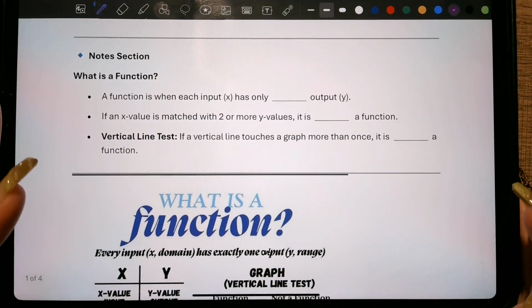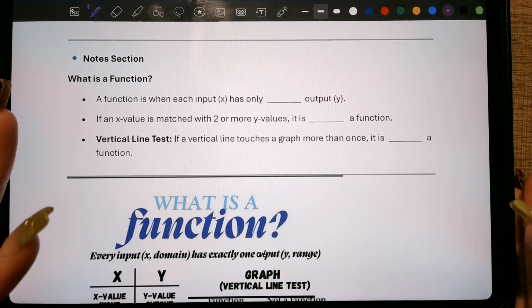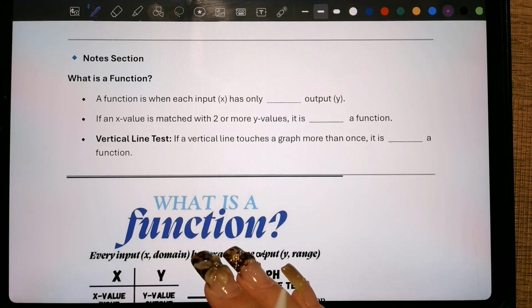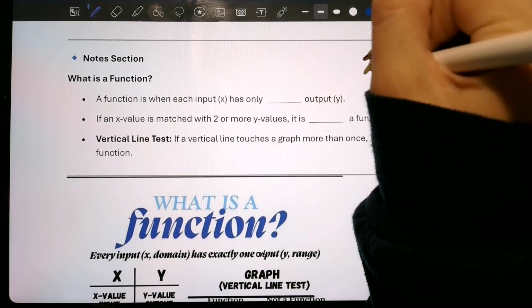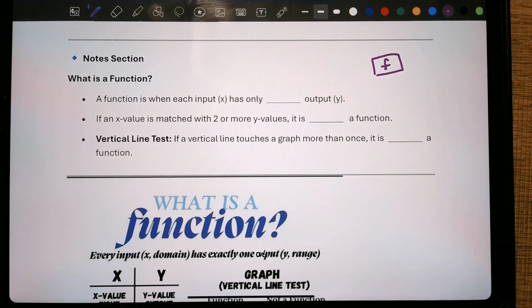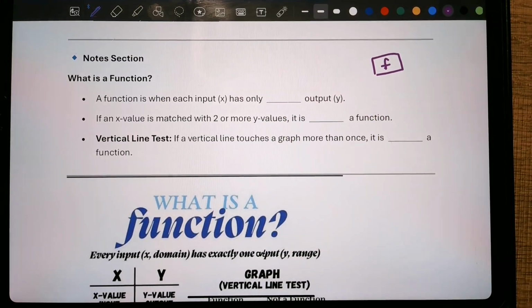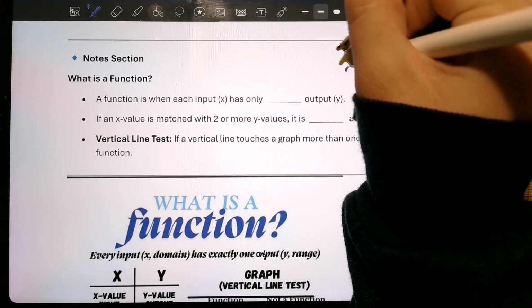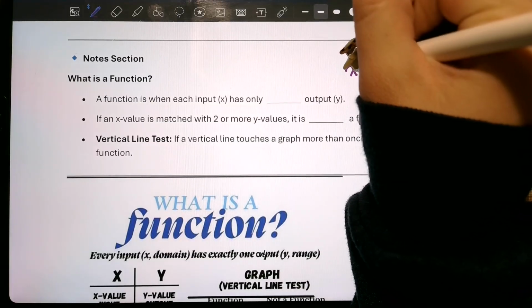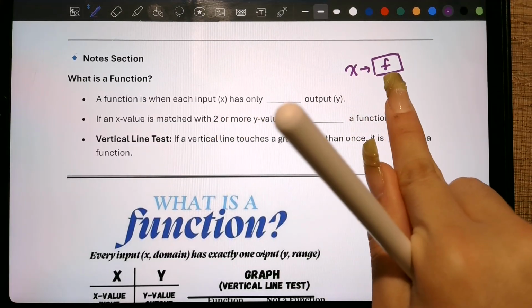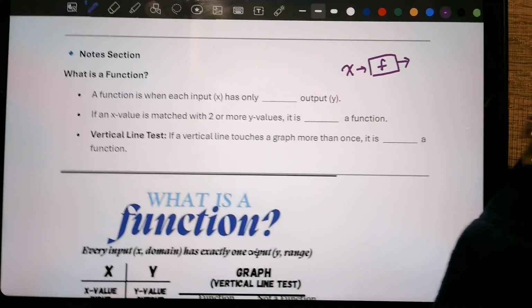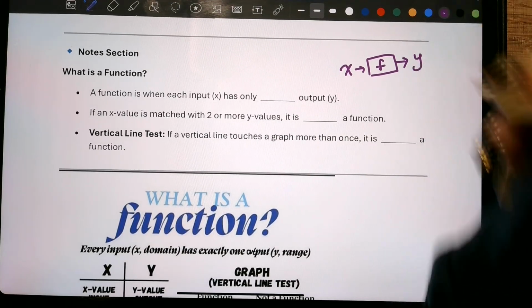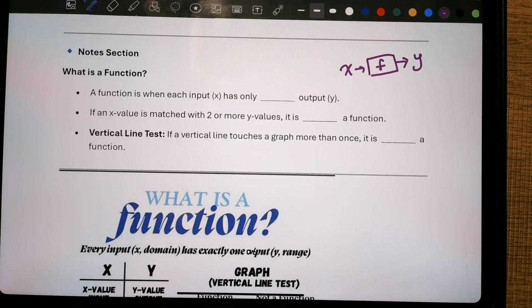So first of all, what is a function? Let's try to go back to elementary in our heads, and you might have learned about a function machine. So the name of this function is f. When my input is x, so when x is the input into the function machine, what is going to come out of this machine has to be a specific y value.